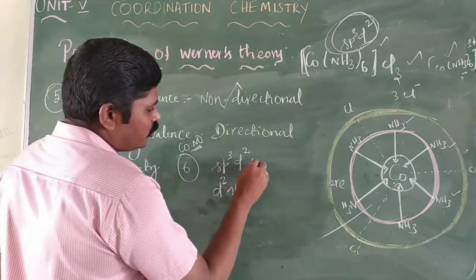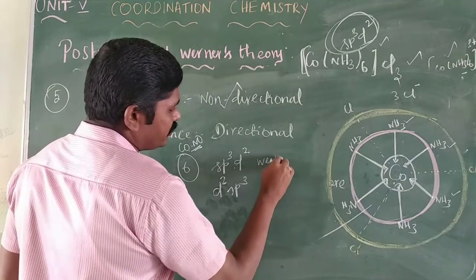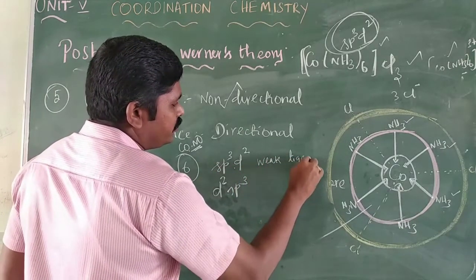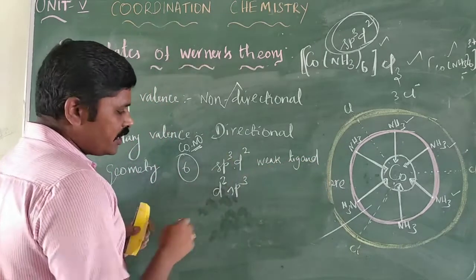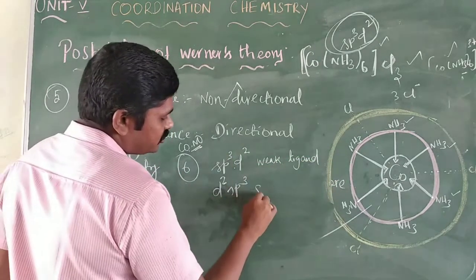In sp3d2, it is a weak field ligand. In d2sp3 hybridization, it is a strong field ligand.